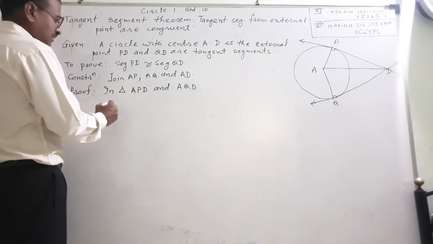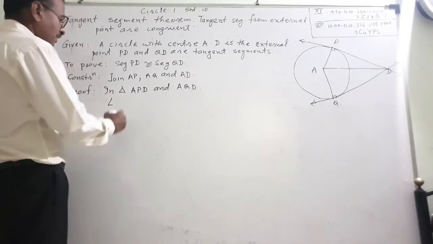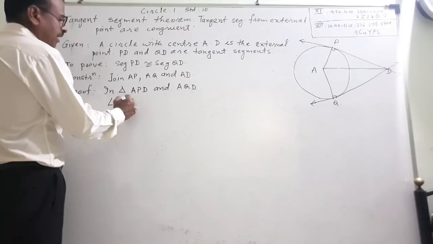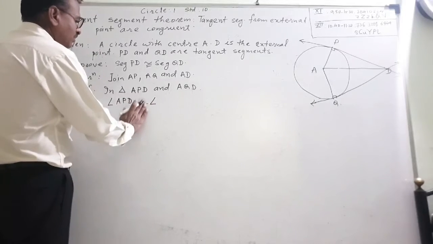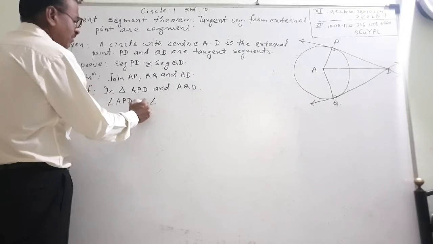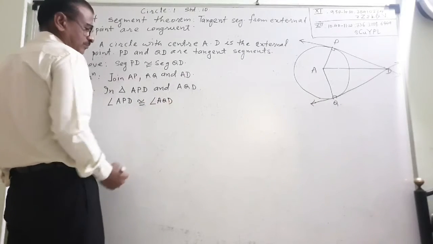So I will say, in these triangles, angle APD is congruent to angle AQD.